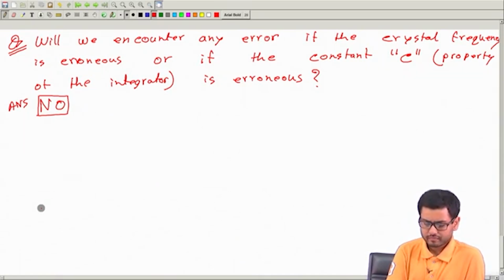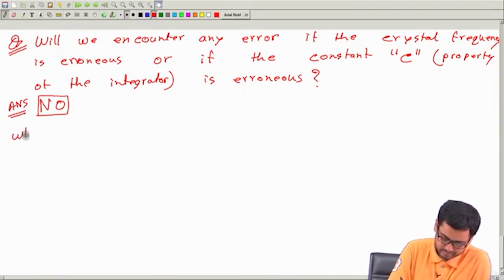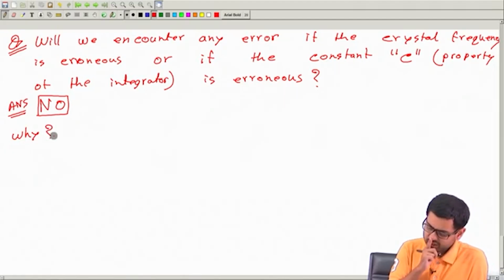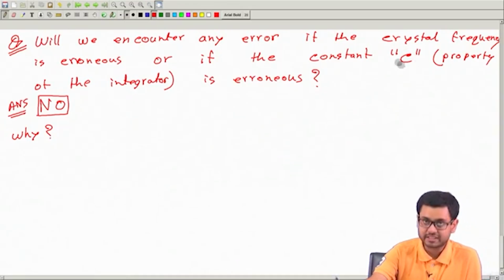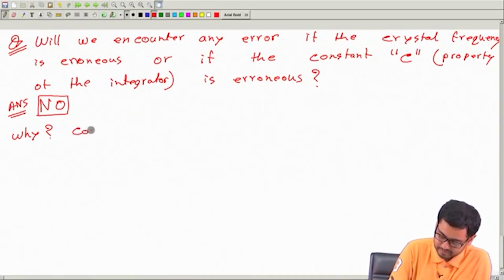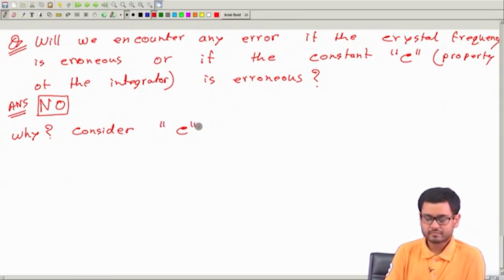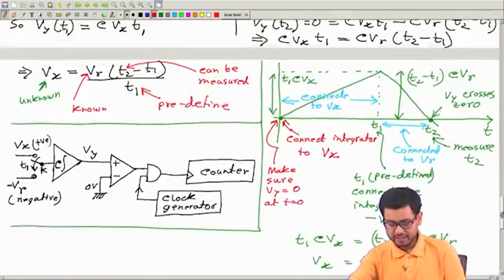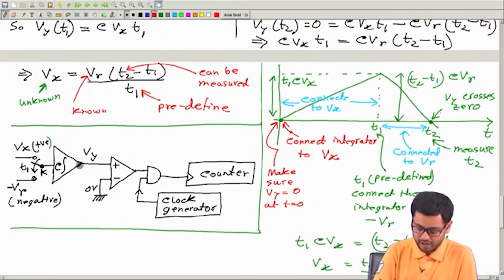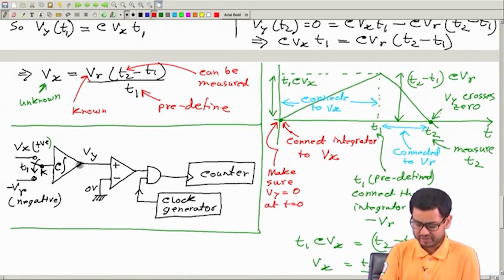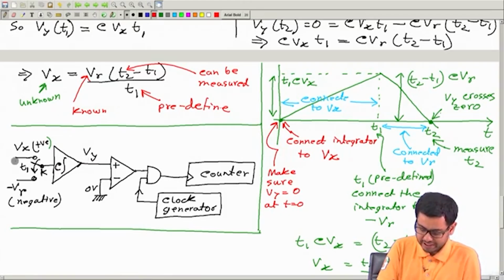Why? Let us consider first this constant C. What happens if the value of C is increased? It means the integrator has changed due to some problem, due to aging or something, so that for the same input the output now will increase faster.